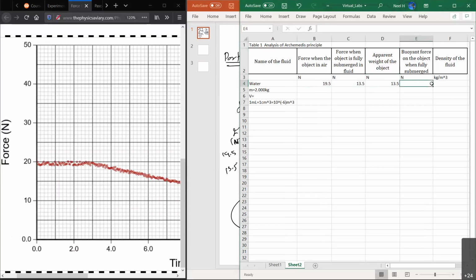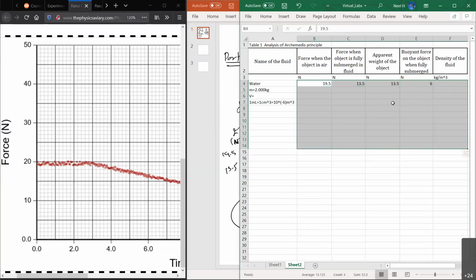When you do this in Excel, you can do the calculation as you go. If you want to do any calculation, put an equal sign, click on one cell, minus, click on the other cell, hit enter, and it will do the calculation automatically. But remember, since I'm reading 3 significant figures, I can do all these calculations to 3 significant figures. So you have to format these cells.